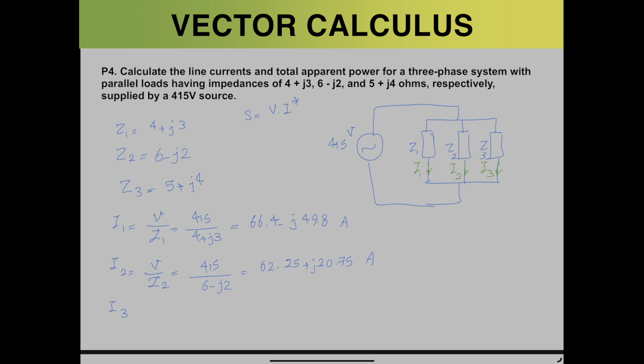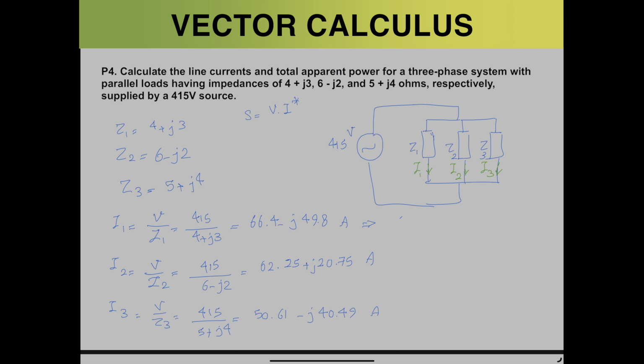I3 is going to be V divided by Z3 and equals 415 divided by 5 plus J4, and the result is 50.61 minus J40.49 amps.